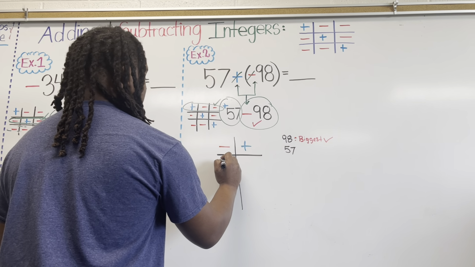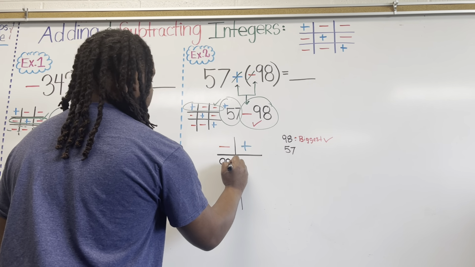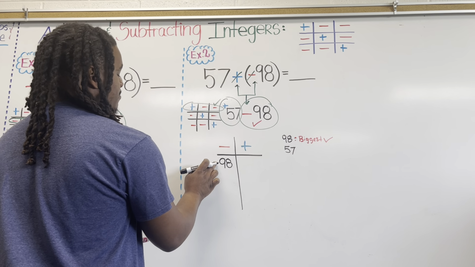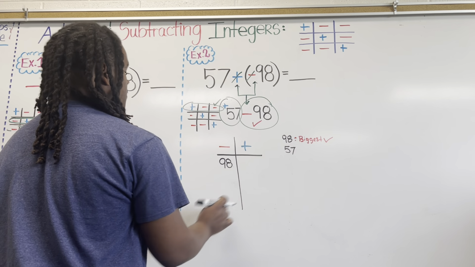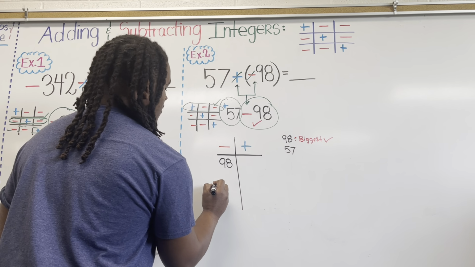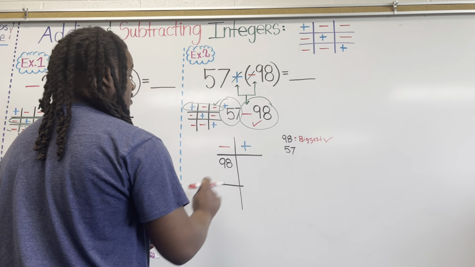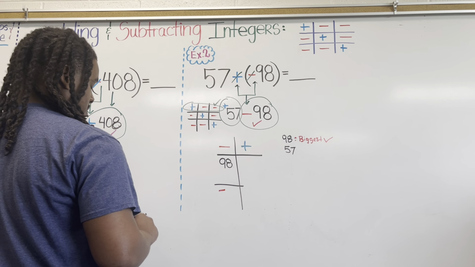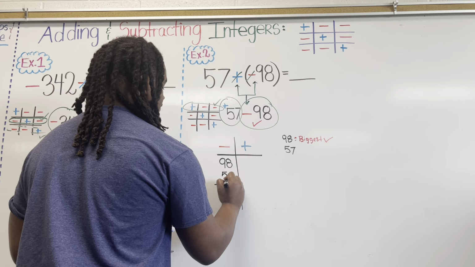So I'm going to put 98 over here. I don't need the sign because we're already on the negative side. But I also know that because we're on the negative side, our answer is going to be a negative. Now I'm going to put 58 underneath.